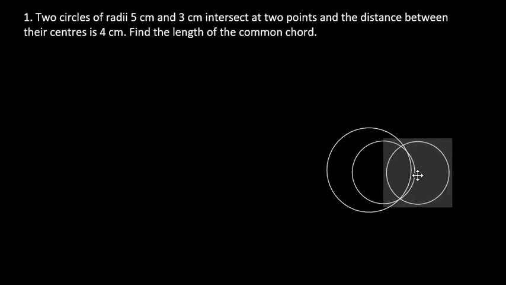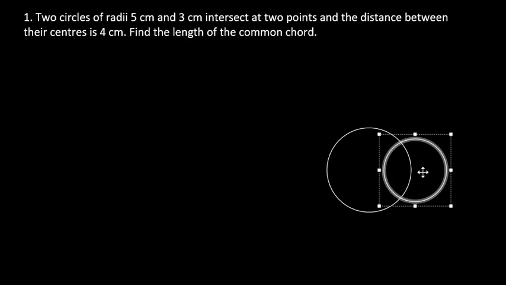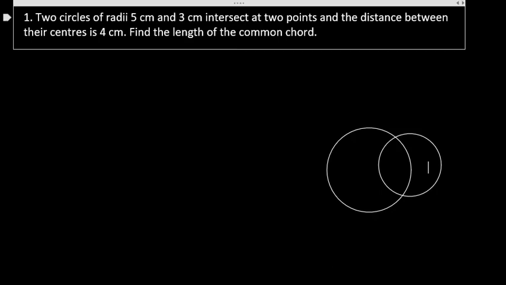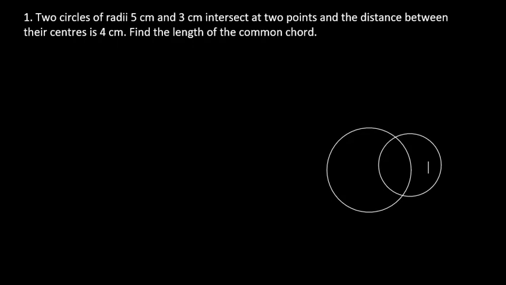They have different radii. Okay, one is having 5 centimeter and the other is having 3 centimeter. The distance between their centers is 4 centimeter. So let us consider the distance between their centers. One center is here, one center is somewhere here. Okay, it could be inside or outside. For simplicity we take it outside.